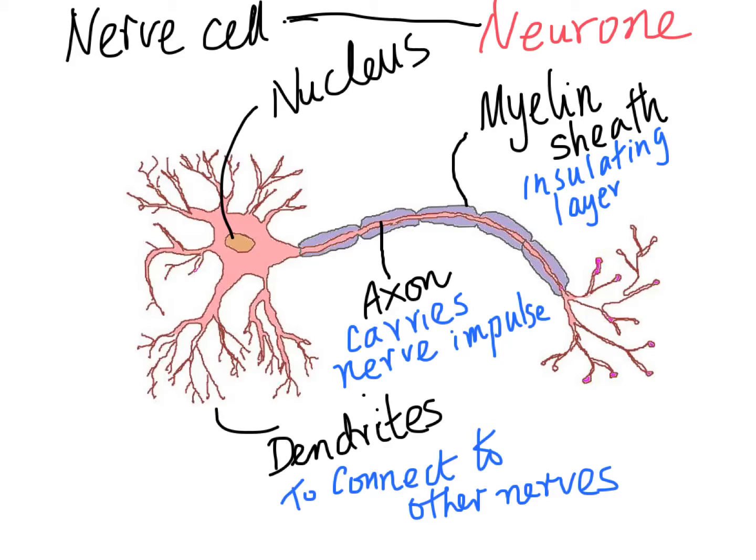If you think about its main job, the main job of a nerve cell is to transmit information in the form of electrical impulses. It can be transmitting information from a sense organ such as the eye to the central nervous system, or within the central nervous system, for example from the spinal cord to the brain, or from the central nervous system, which includes the brain and the spinal cord, to a muscle cell, for example, where some action takes place.